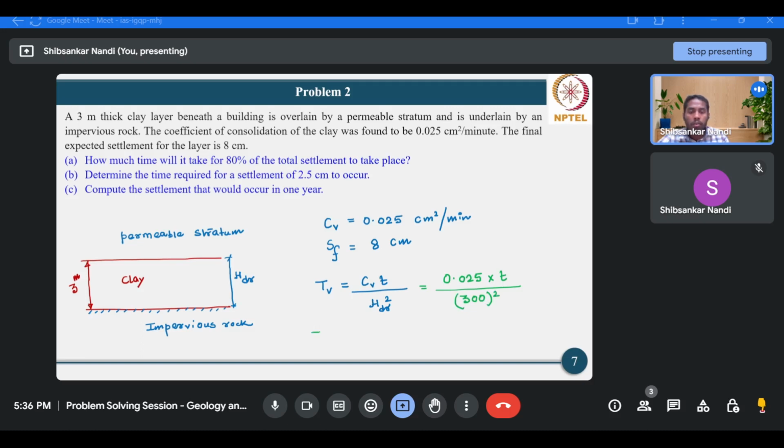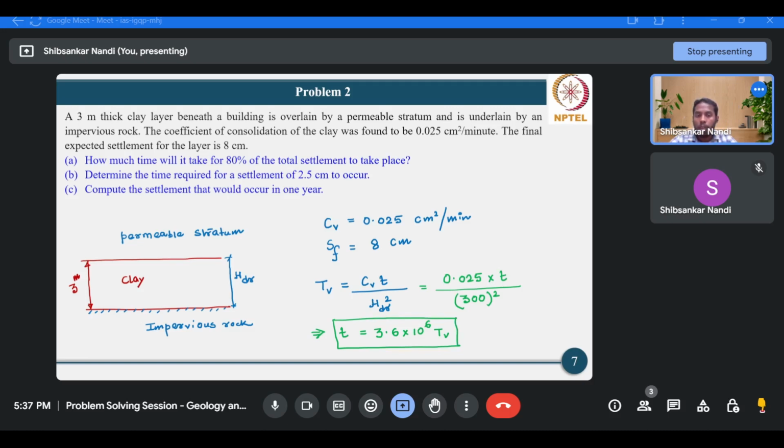So therefore, your T value would be 3.6 into 10 to the power 6 TV. Okay, so this is the relationship between the time and the time factor.